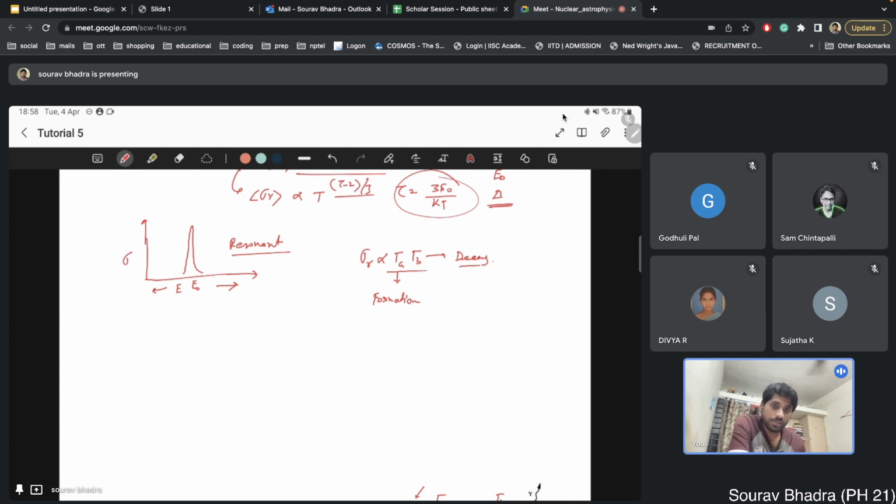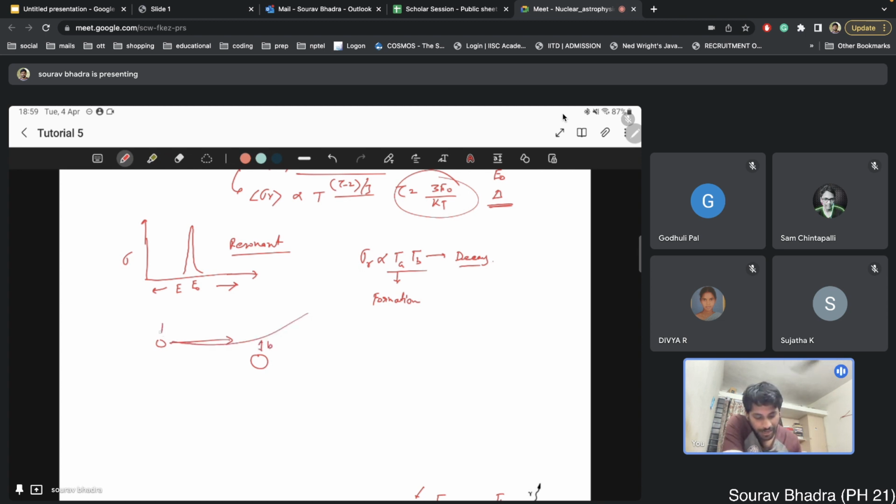This you have done, and one important difference between the resonant and non-resonant reaction is, as I told you, that sigma is not a smooth function in this case, and here the angular quantum number for this resonant reaction is very important. Suppose a particle is not going directly towards another particle; there is the impact parameter which has been told by Sir also.